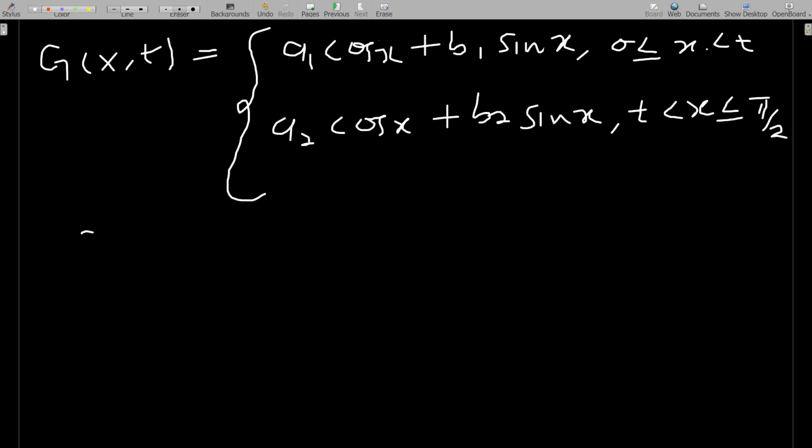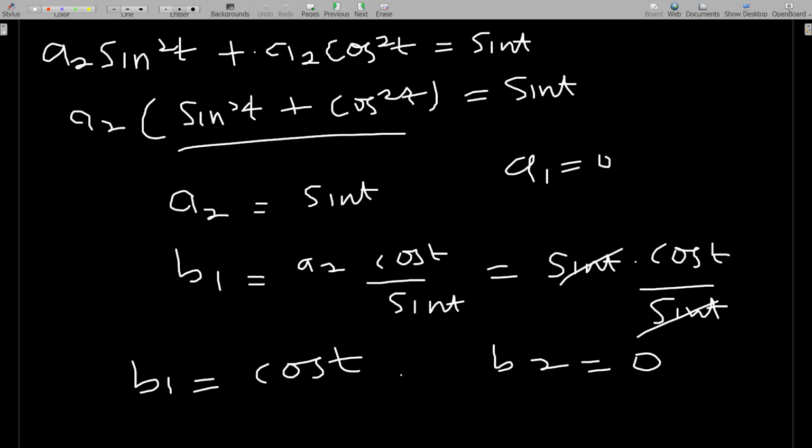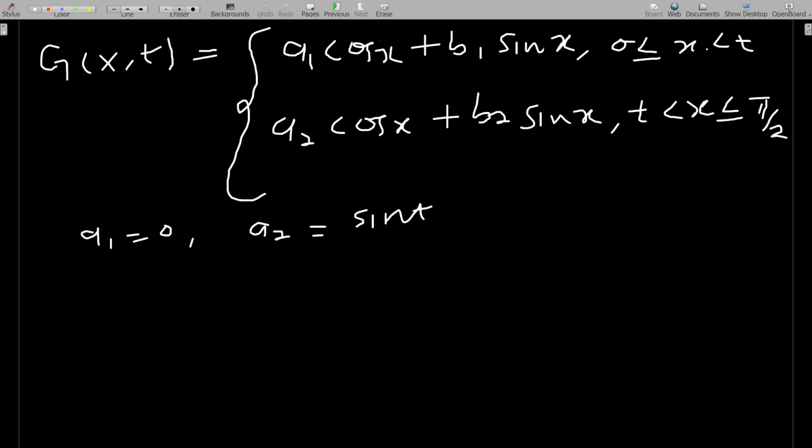Now you know our a1 is equal to 0, our a2 is sine t, our b1 is cos t, and b2 is 0.